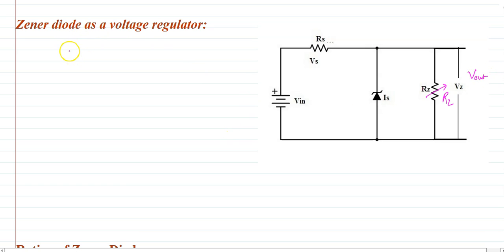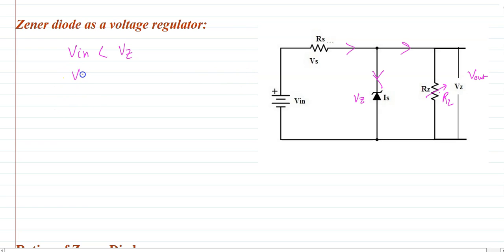So when V input is less than Vz, where Vz is the Zener diode breakdown voltage, the Zener is not activated, meaning no current is flowing through the Zener, and the input voltage alone drives the output current, which depends on RL and RS. We get a variable output voltage.